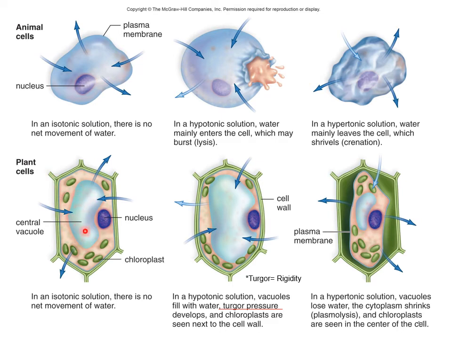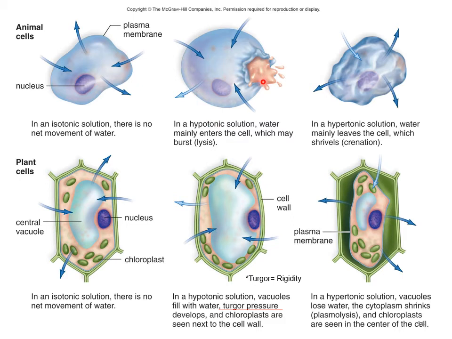So you'll notice that when an animal cell is in that hypotonic solution, again, hypo, think hippo, think swelling or bursting. When you see that with an animal cell, the more water it takes in, eventually it can lyse or burst.